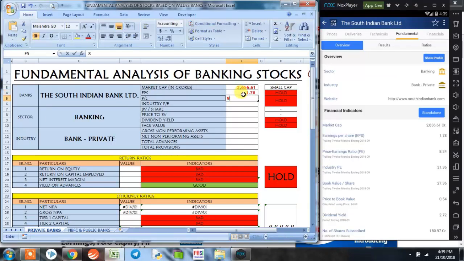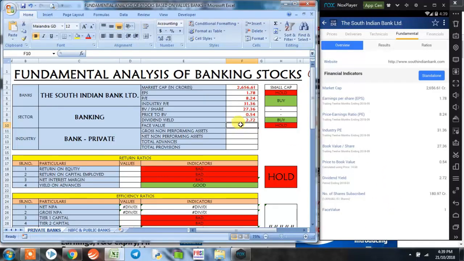The price to earning ratio is 8.24. The industry PE is 31.36. The book value per share is 27.36. Price to book value is 0.54. Dividend yield is 2.72. And the face value is 1.